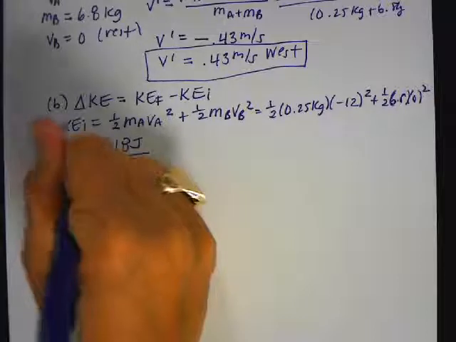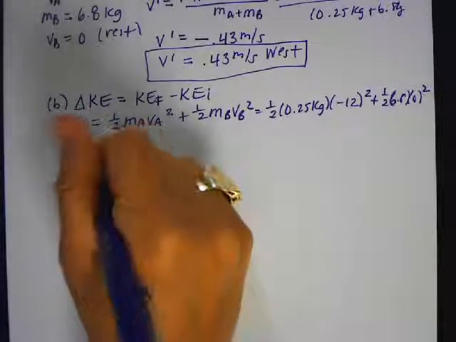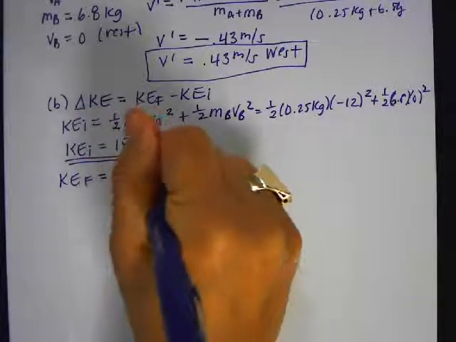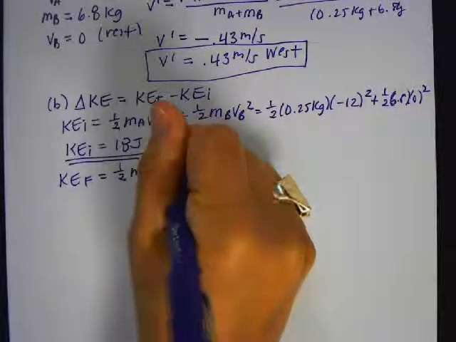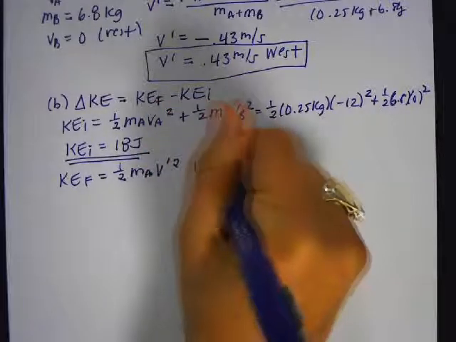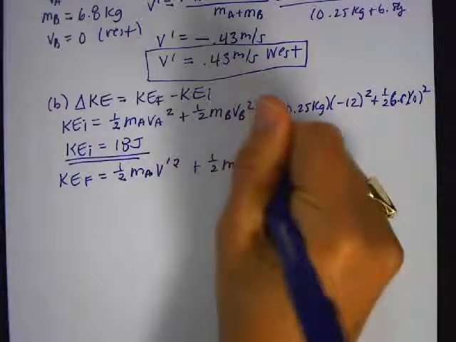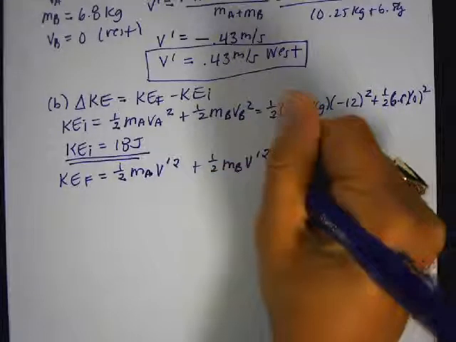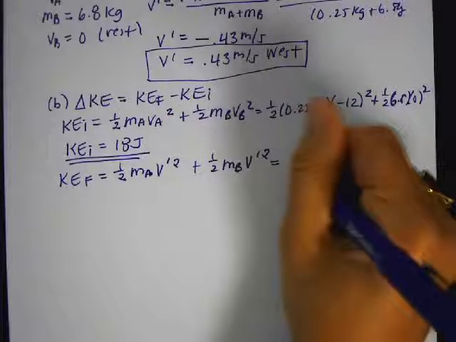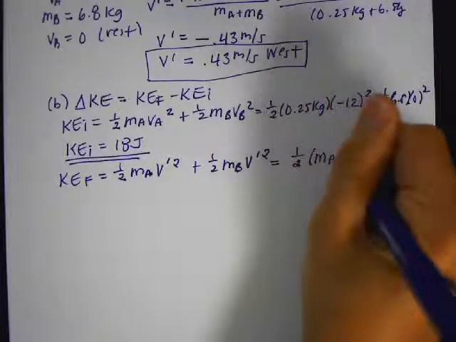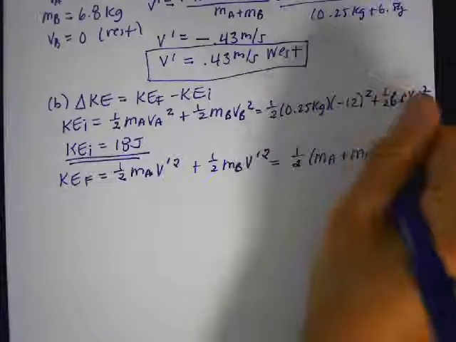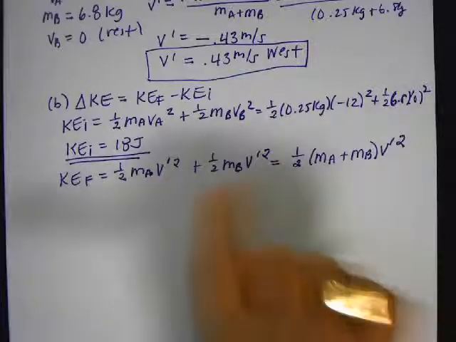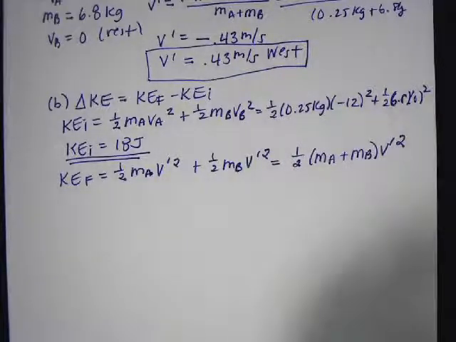Then I'll find KEF. So KEF is equal to 1/2 MA V prime squared, plus 1/2 MB V prime squared. Now, of course, I could simplify that. So if you wanted, you could just have written it originally 1/2 (MA plus MB) times V prime squared. Okay? But it doesn't matter. Either way, you're going to get the same answer.